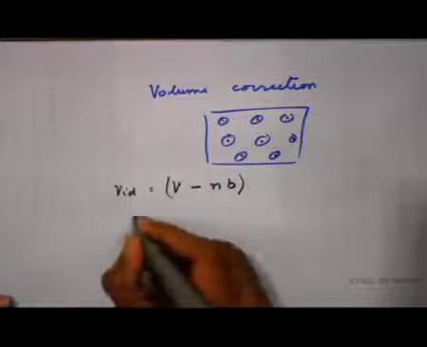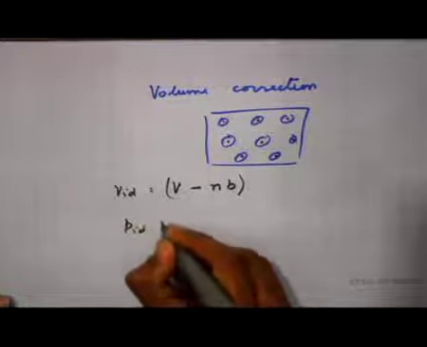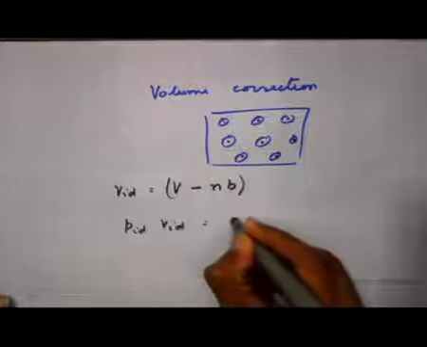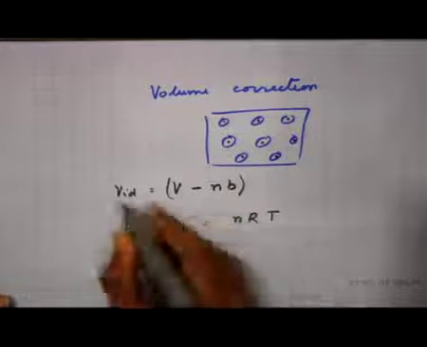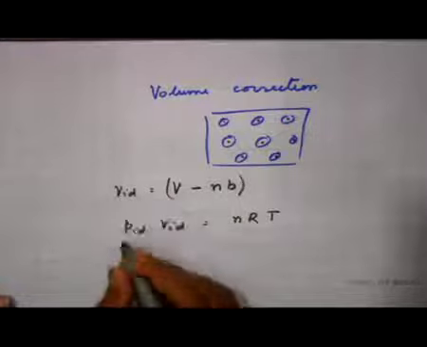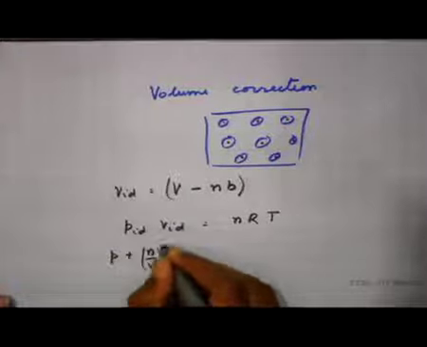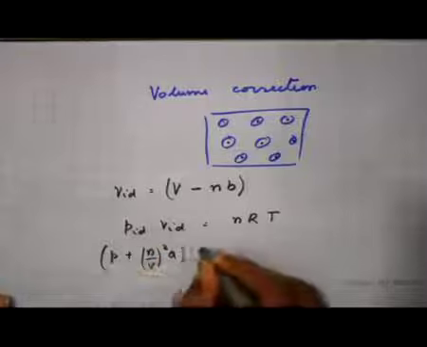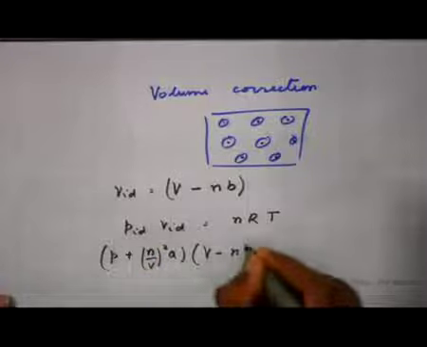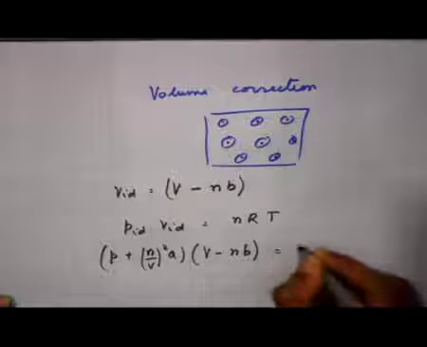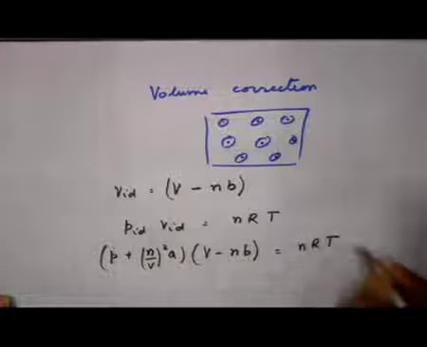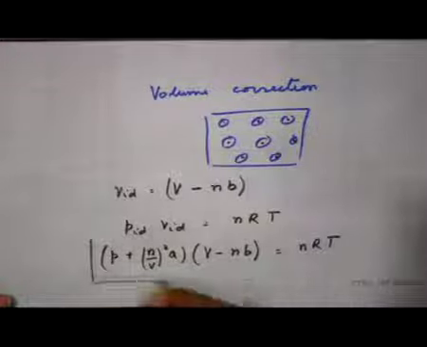Now, you can plug it in. P ideal V ideal is equal to nRT, and the pressure correction is P plus n over V square into A, into V minus nb is equal to nRT, and this is the van der Waals equation of state.